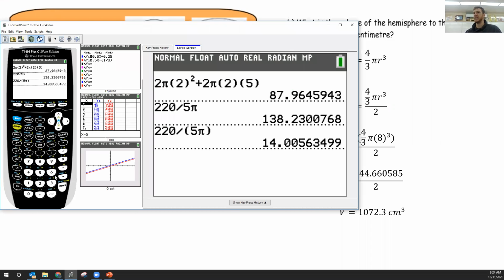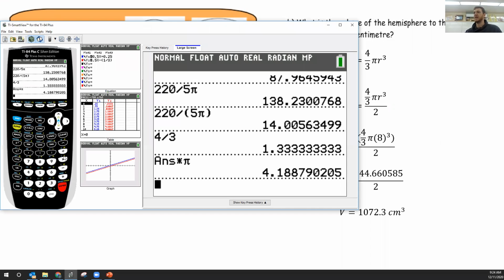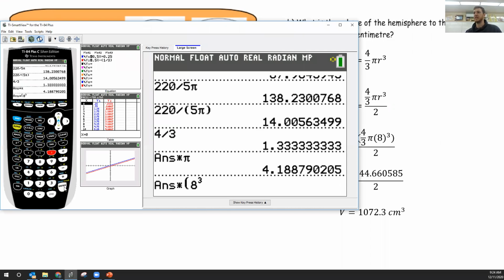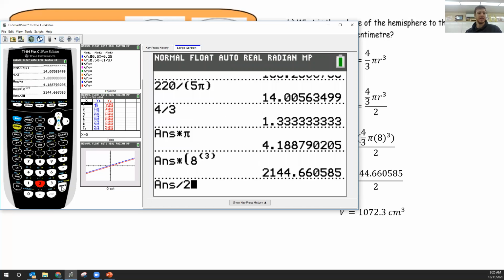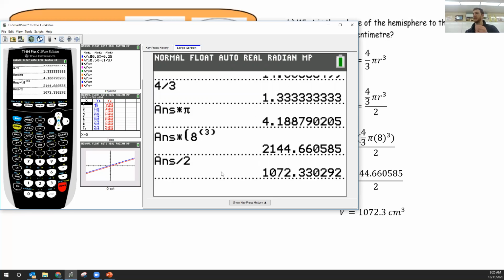Okay, so we're going to take 4 divided by 3 and hit enter. We're going to multiply that by pi and hit enter. Then we're going to multiply that by 8 cubed and hit enter. And then we're going to divide it by 2 and hit enter. So I got 1072.